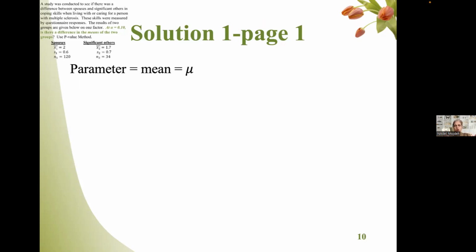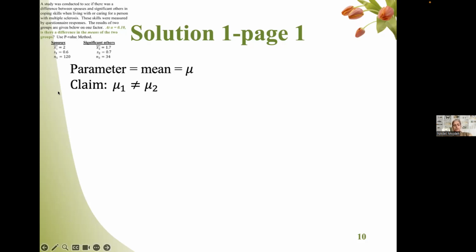It means that mu1 is not equal to mu2. That's our claim. Mu1 for the first group, spouses, not equal to mu2 of the second group. They're different. We want to check whether mu1 is not equal to mu2.